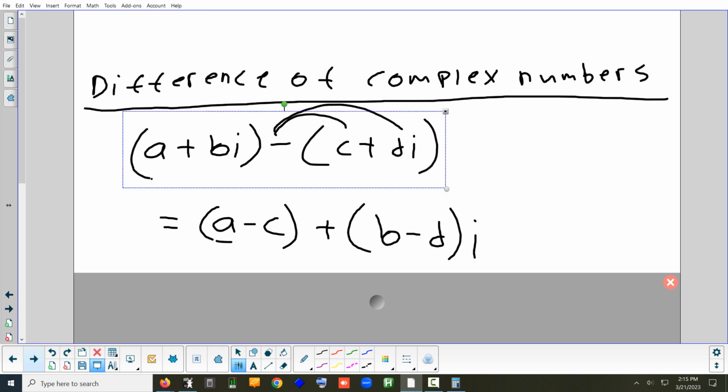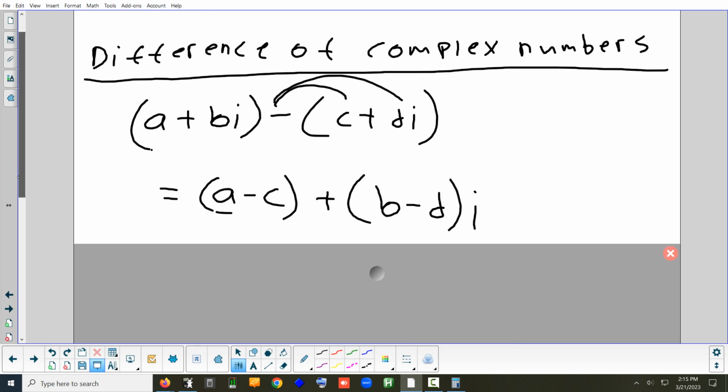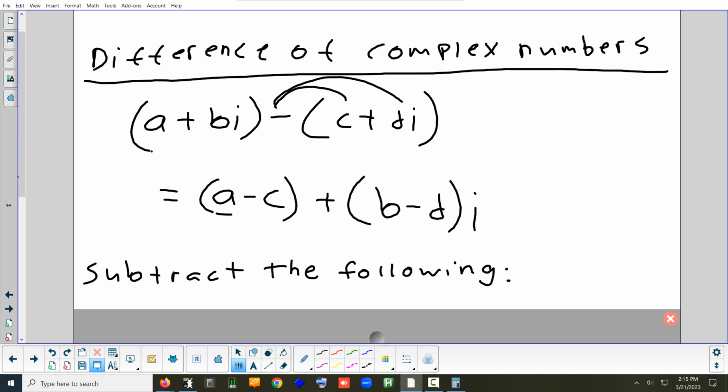And then B minus D. Remember, with the B minus D, put an i next to it. So we remember that that was the imaginary part. Let's try a couple examples where we subtract complex numbers.